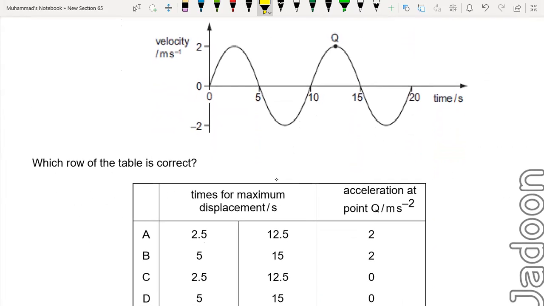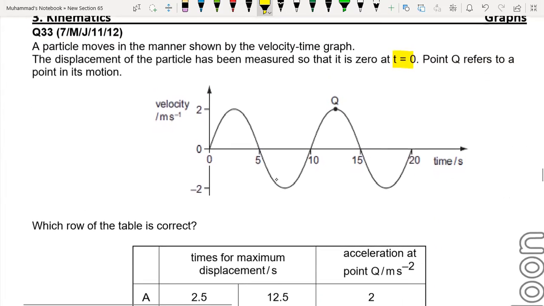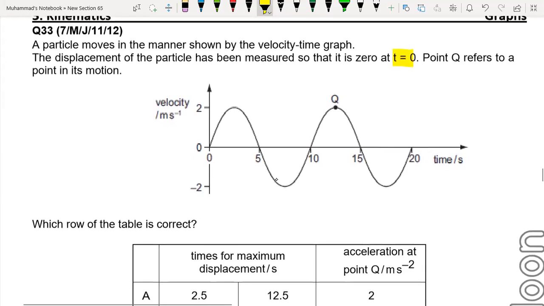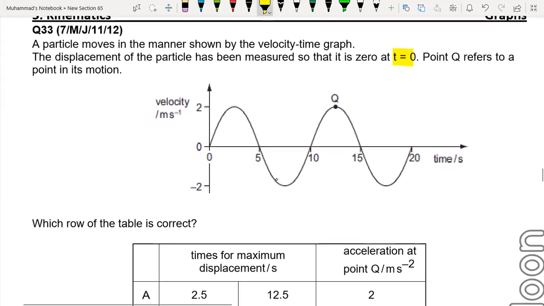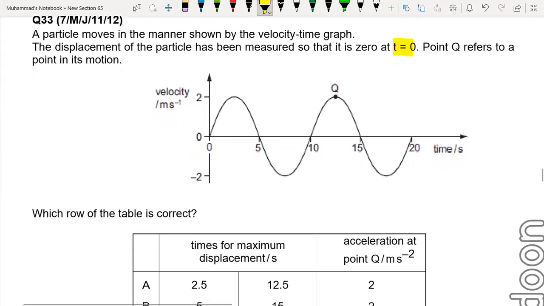Over here we have the velocity-time graph. Initially velocity is 0. You can see the velocity increases to a maximum value, 2 meters per second, then velocity decreases, then velocity becomes negative, and so on. So that is a graph of an oscillating body.